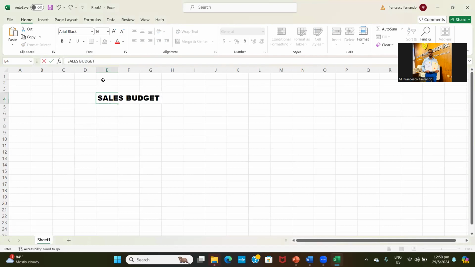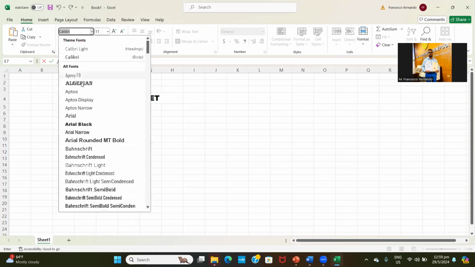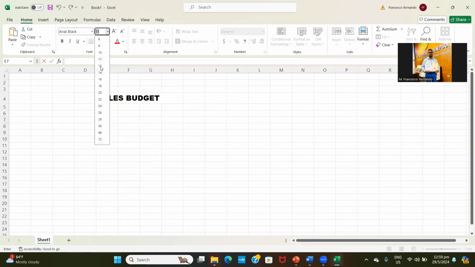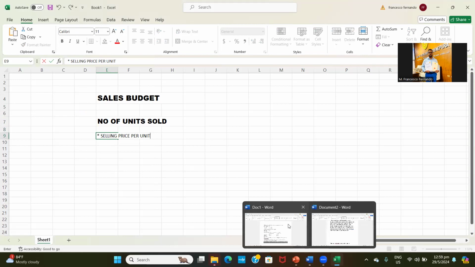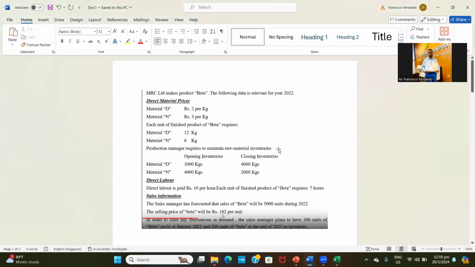For the sales budget, first of all, we must take the number of units sold, and then we must multiply it by the selling price per unit. Based on this question, the number of units sold is 5,000. You can see it here.